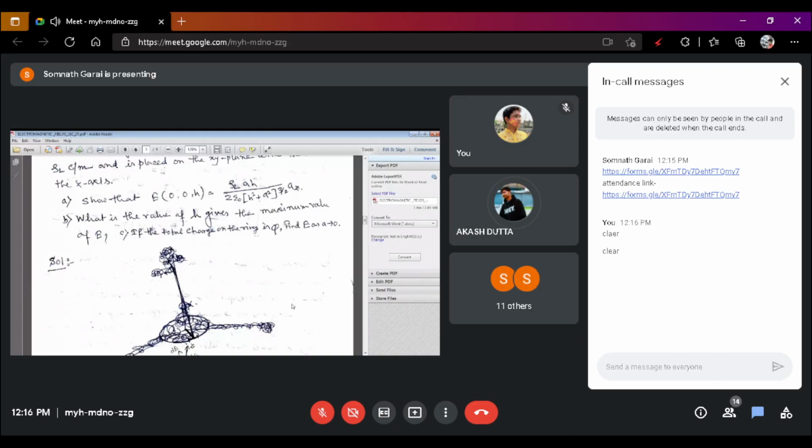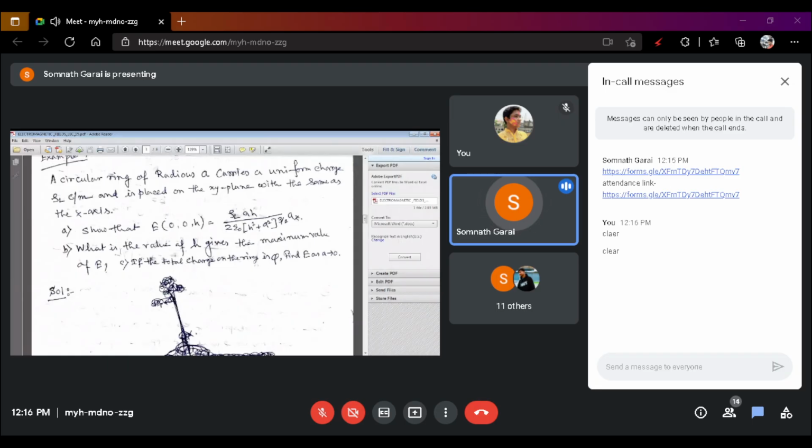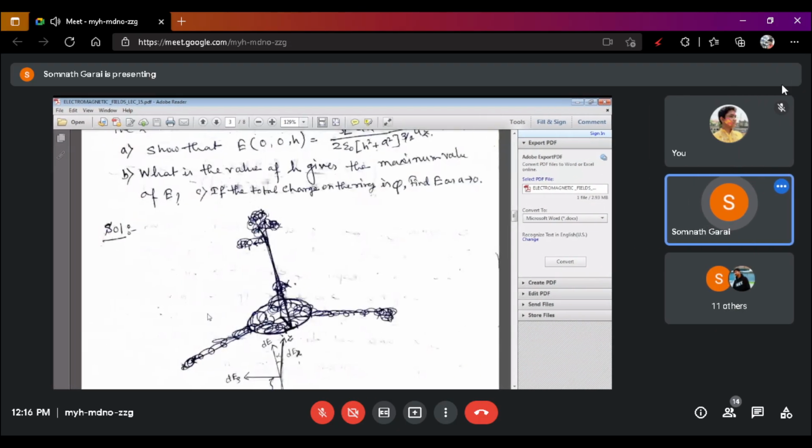Very good. Now we do the second part. The second part says: what is the value of h that gives the maximum value of E? That means we have to calculate the value of h for the maximum electric field intensity at that point.